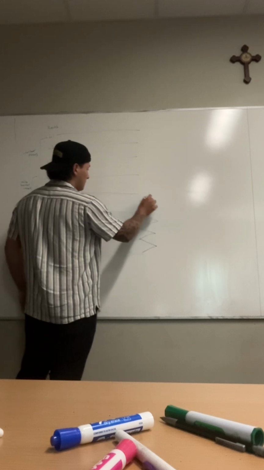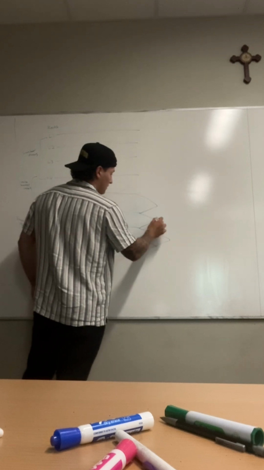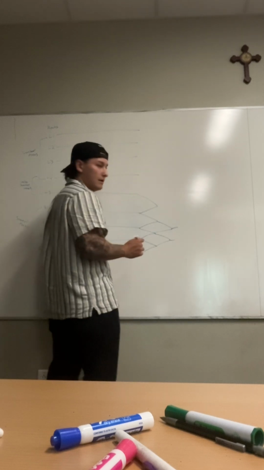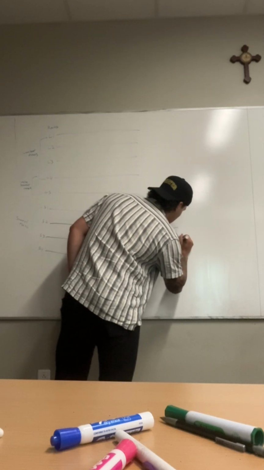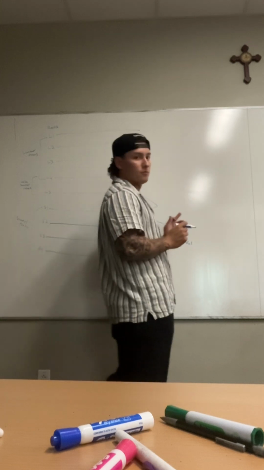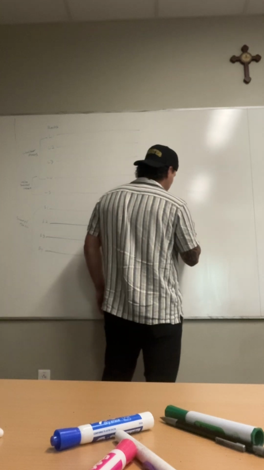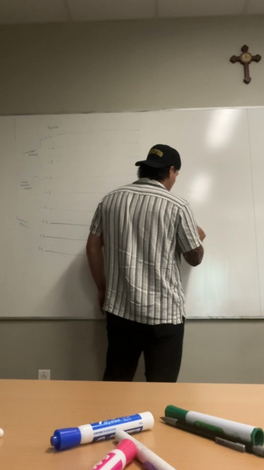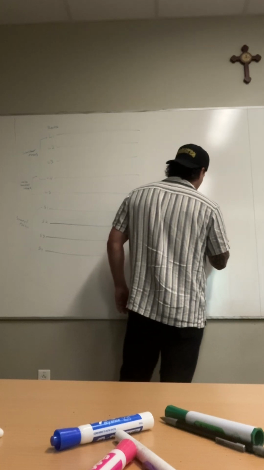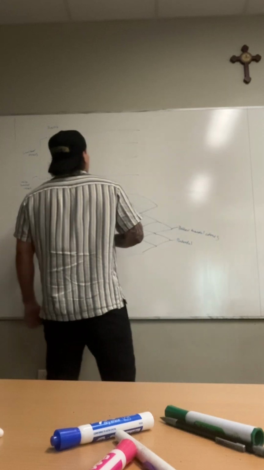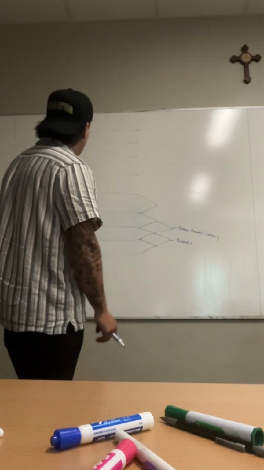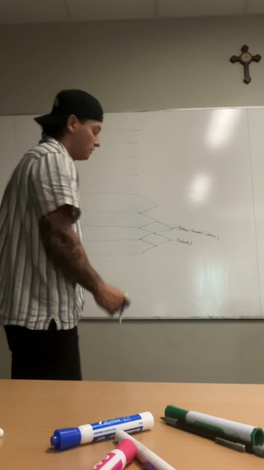First four, get it. This is your pudendal nerve. And then this is your posterior femoral cutaneous. And okay, moving on.